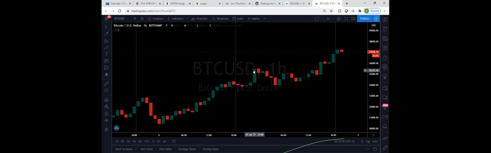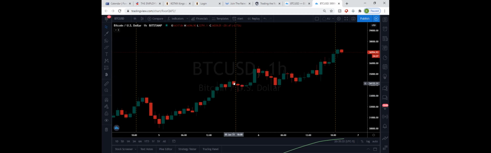So the green candlesticks mean that in that time period, for that hour, that price went up. And then the red candlesticks mean that price went down. That's very important. You want to make sure that if you change the color of your candlesticks, that you remember what color you changed them to and what they mean.